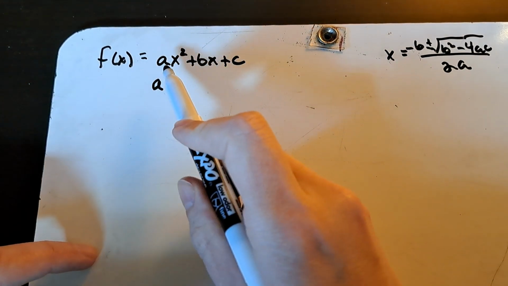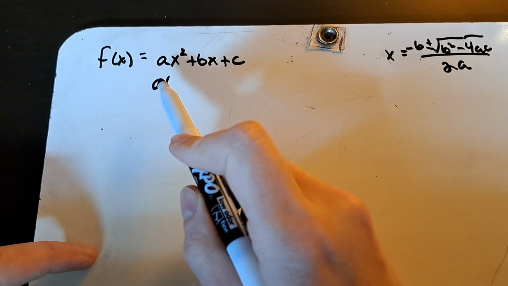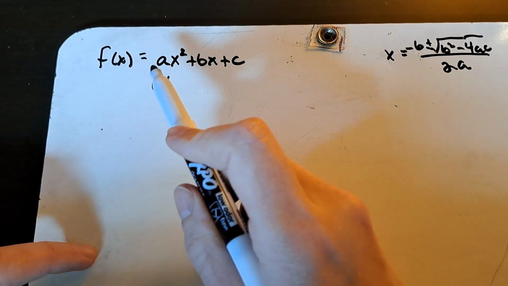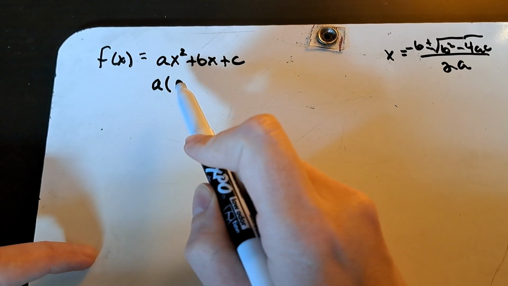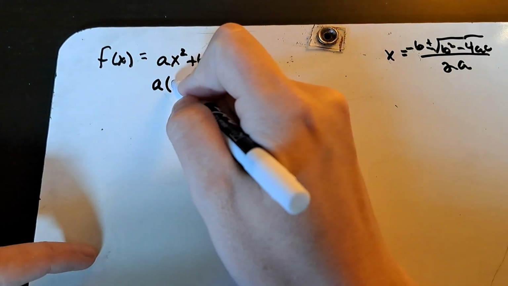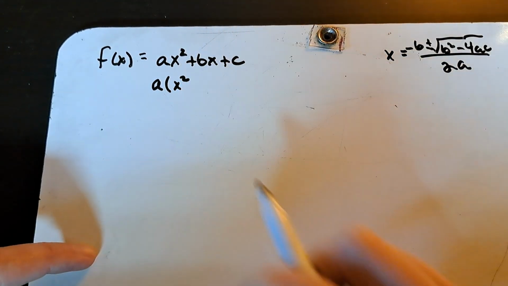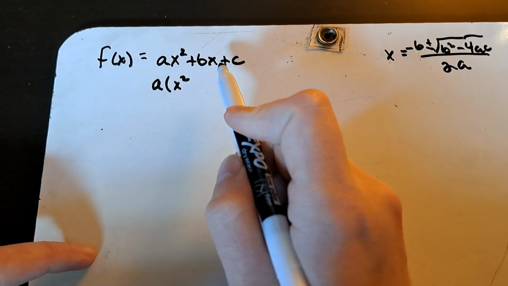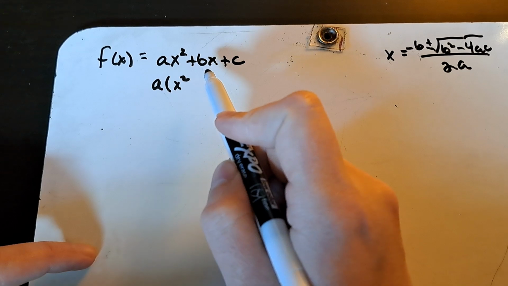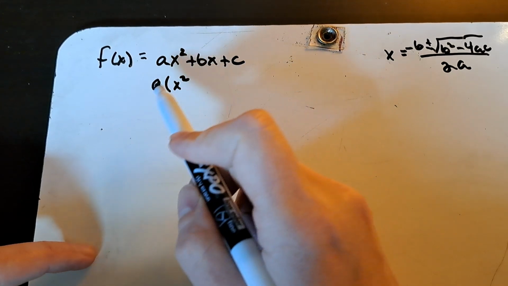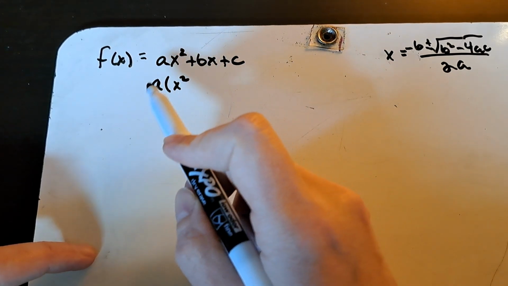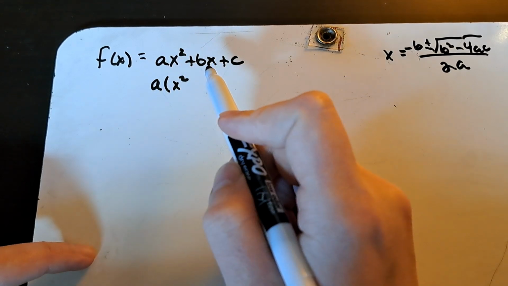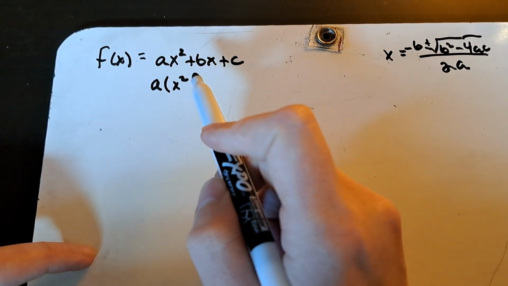So using this first term, if I want to get back to the original term, a times x squared is going to give me ax squared. And in order to get bx, it's a little bit tricky. How do I get a b from an a? Well, I have to cancel out this a somehow so that I can get a b left over.